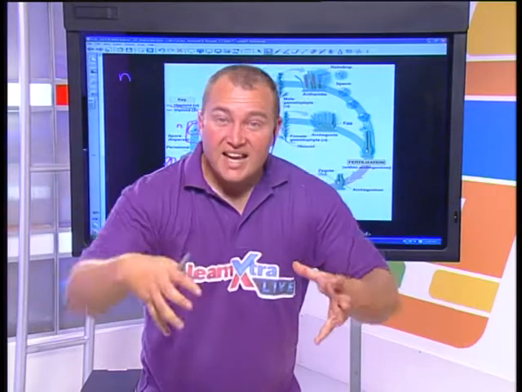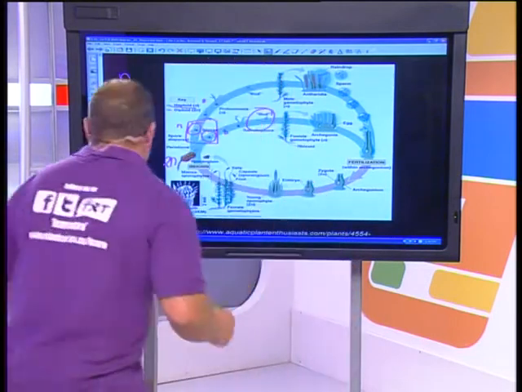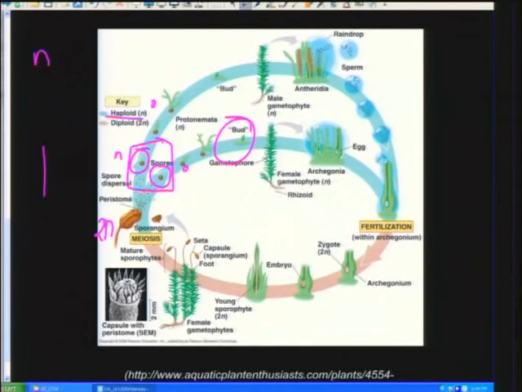They join the egg. And then on the moss, on the haploid part, the gametophyte generation, the sporophyte generation grows on top. So watch this. If I've got this little plant over here, and this brother here is the gametophyte generation.